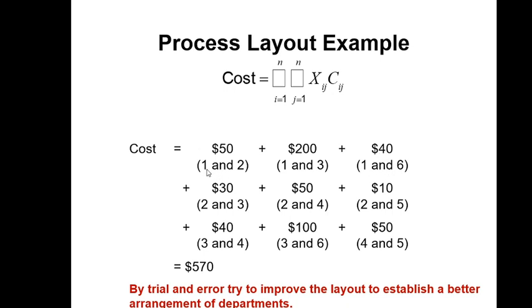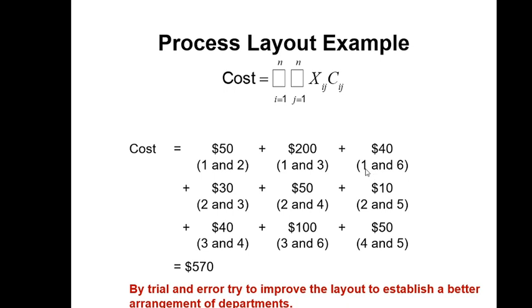Again, department 1 and 2, assembly and painting, they are adjacent. We have to move 50 loads, 50 multiplied by $1, it's $50. Between department 1, which is the assembly, and department 3, they are non-adjacent. That's why we multiply the 100 loads by 2, so it's $200.